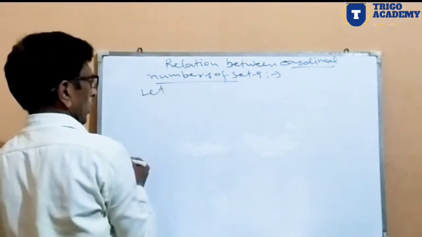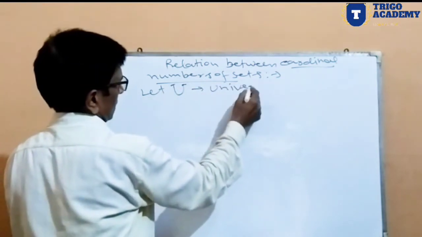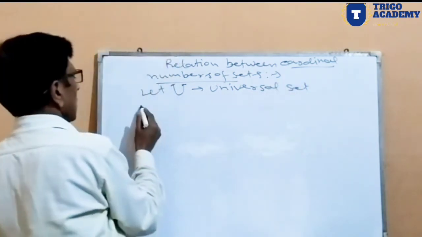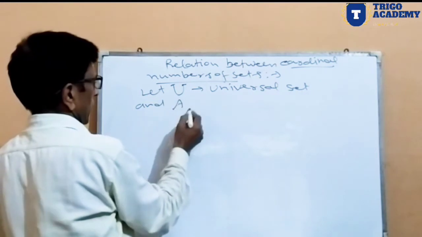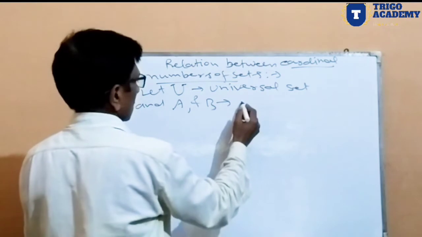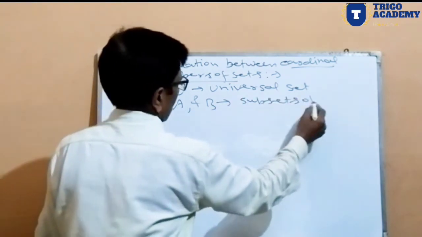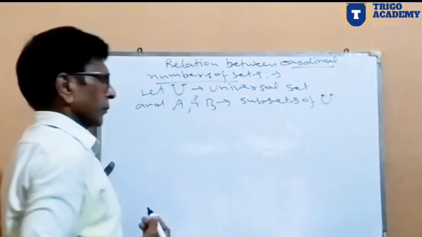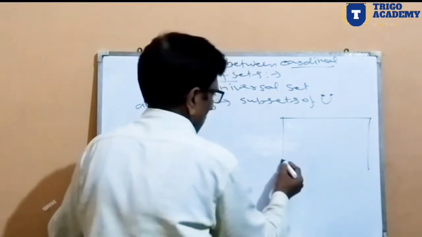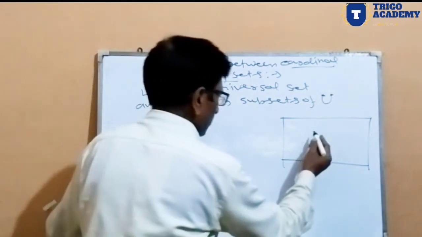Here we consider capital U as the universal set, and capital A and capital B are subsets of U. We will understand this relation through a Venn diagram.